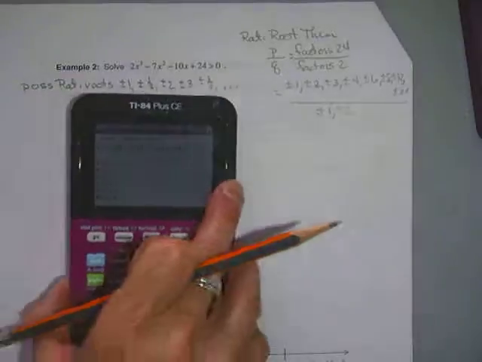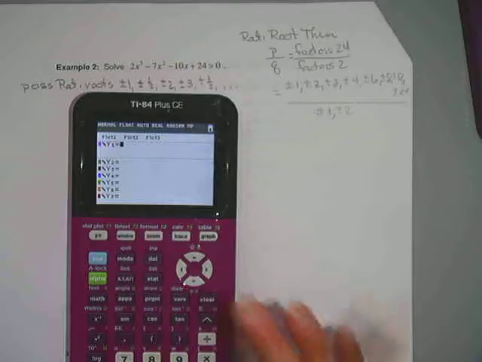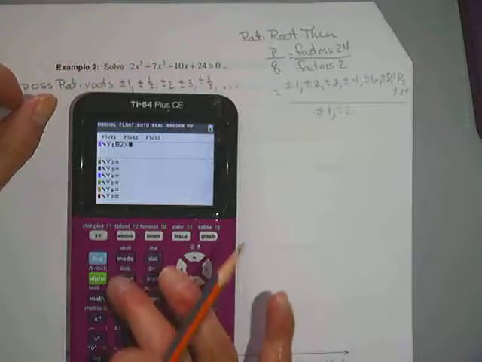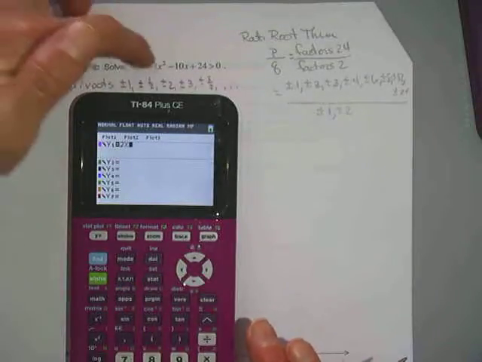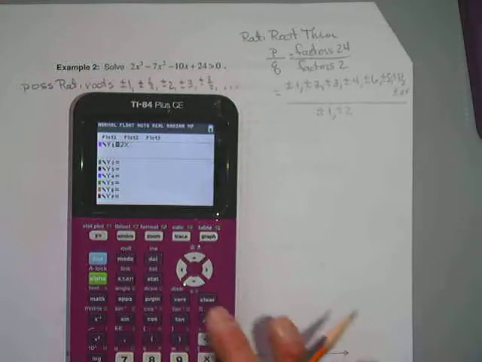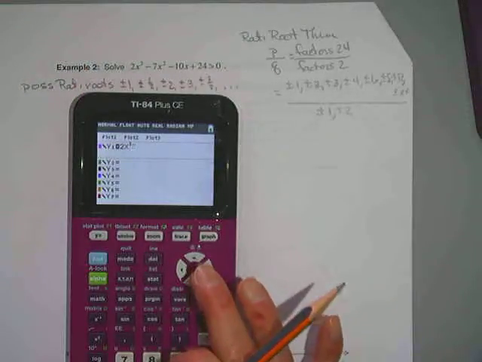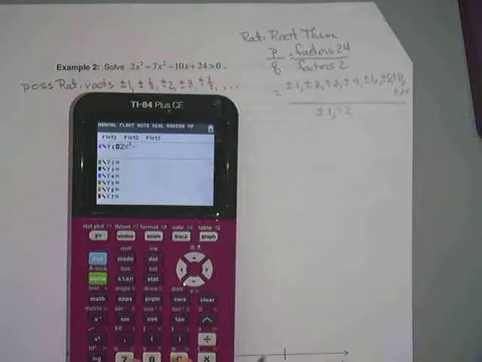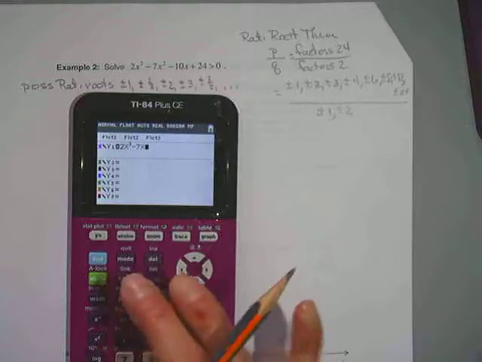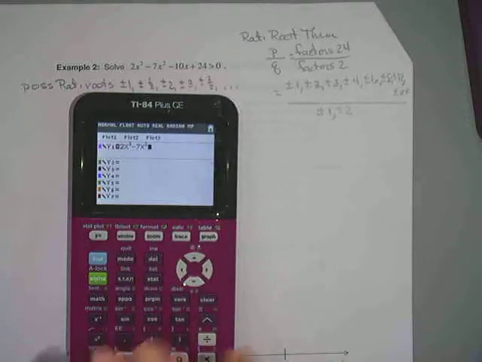Do you really have to do this? Well, I know, it seems like this would take forever. What's another way we could see where it crosses, so we can make our factors? We could graph it. Would you rather do that? Oh, yeah. All right, well, let's type it in and see what we get.